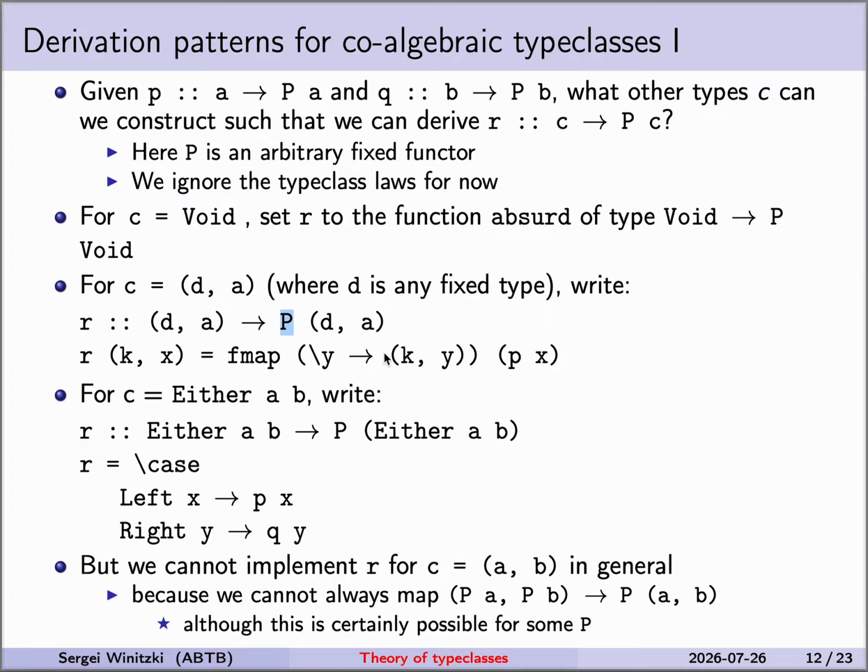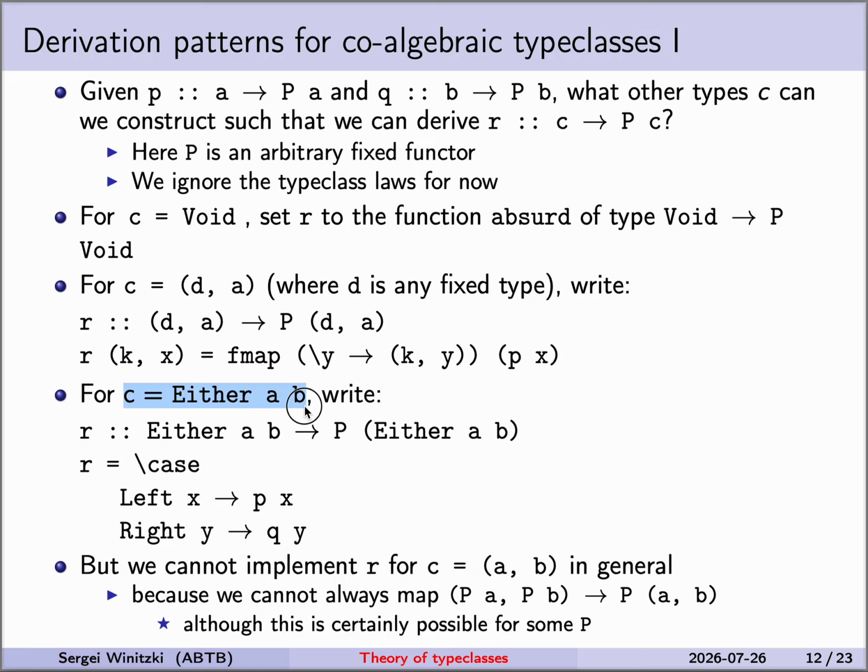But remember, in the case of algebraic type classes, we have the derivation pattern that's a function from D to A. And here we don't. We cannot do D to A for arbitrary P.